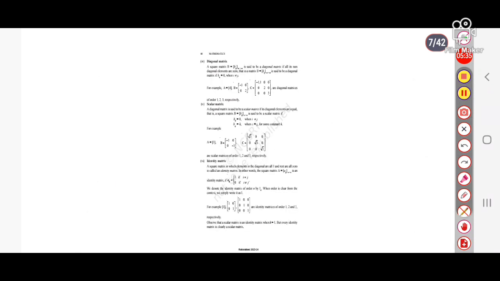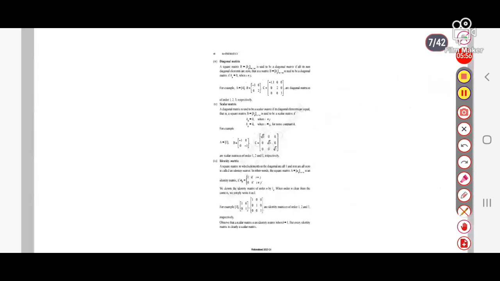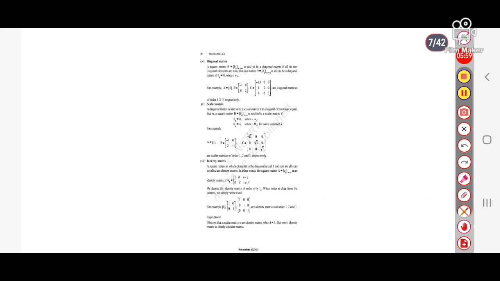Now the fourth type of matrix is diagonal matrix. Now going to see about the diagonal matrix, we have to consider again a square matrix, where the number of columns should be equal to the number of rows, as I told you.